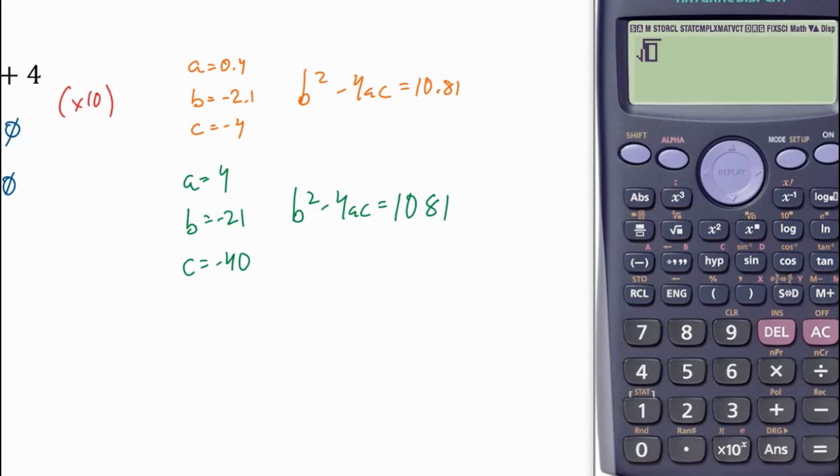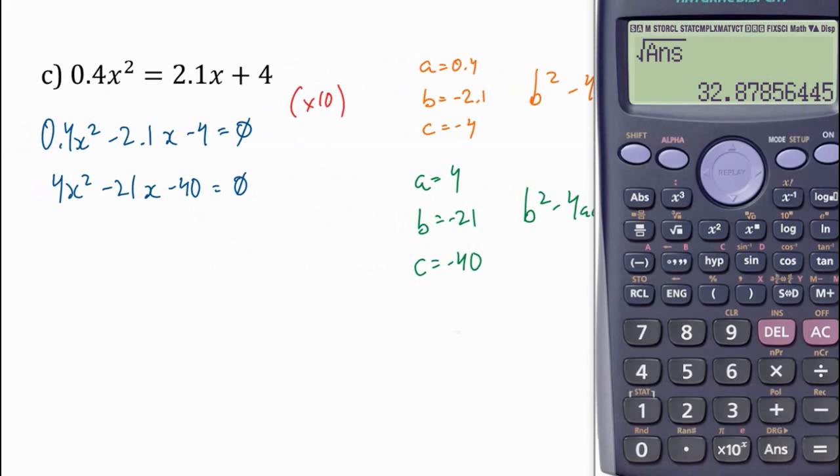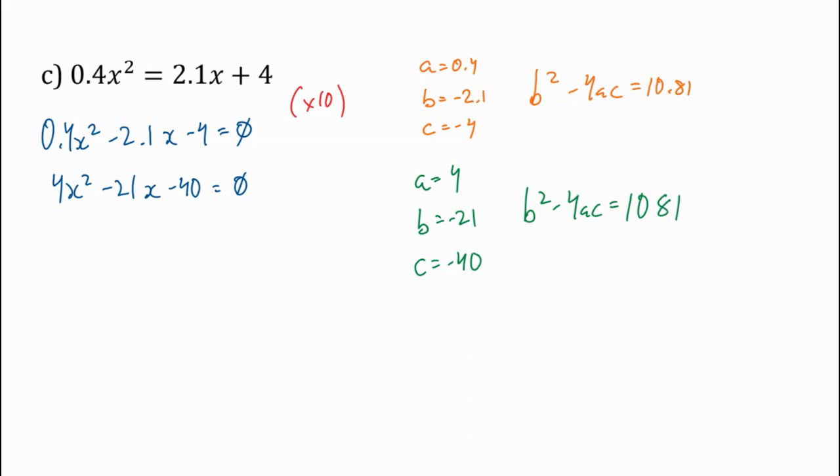But again, if I do the square root of that, nope, I get a decimal. So either way, I'm using the quadratic formula. And really, the quadratic formula is just about as easy with decimals as it is with whole numbers. So that's why, you know, you might do that or you might not.